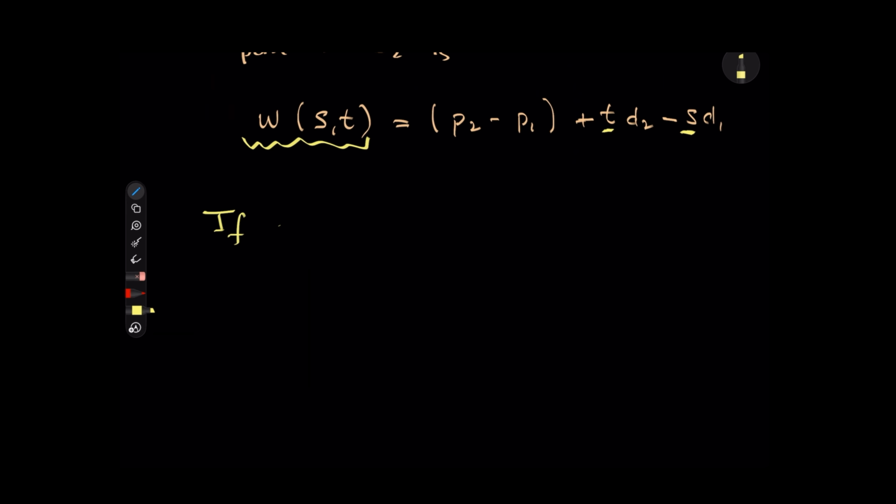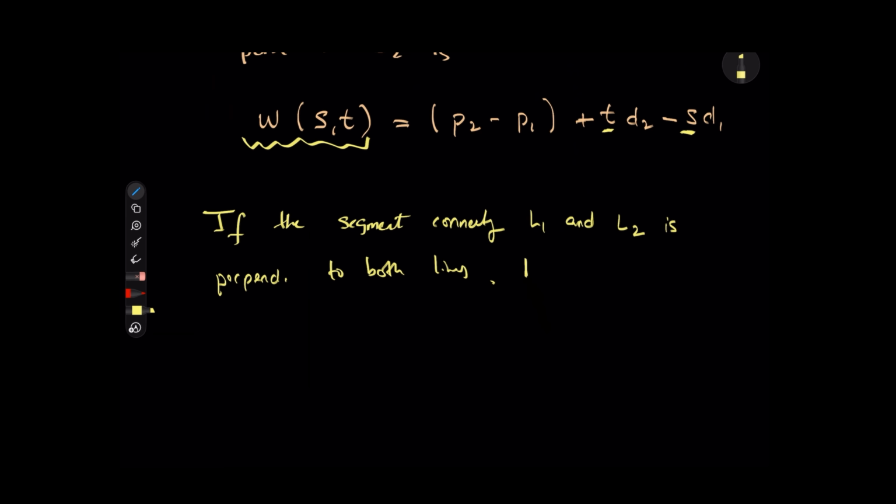Let's write that: if the segment connecting L1 and L2 is perpendicular to both lines, then its direction vector is perpendicular to D1 and D2.